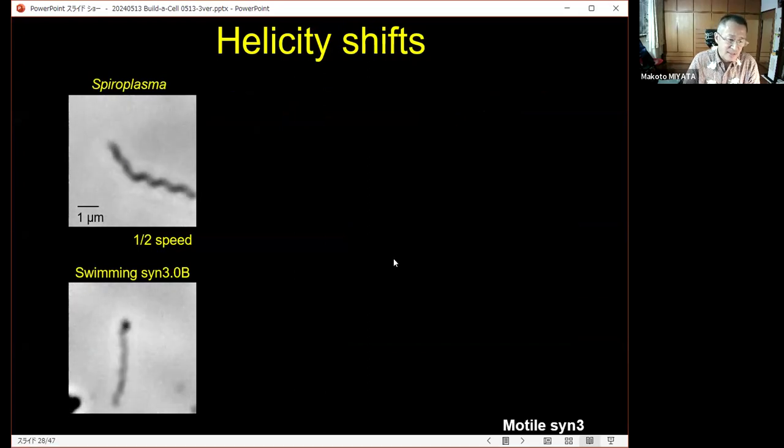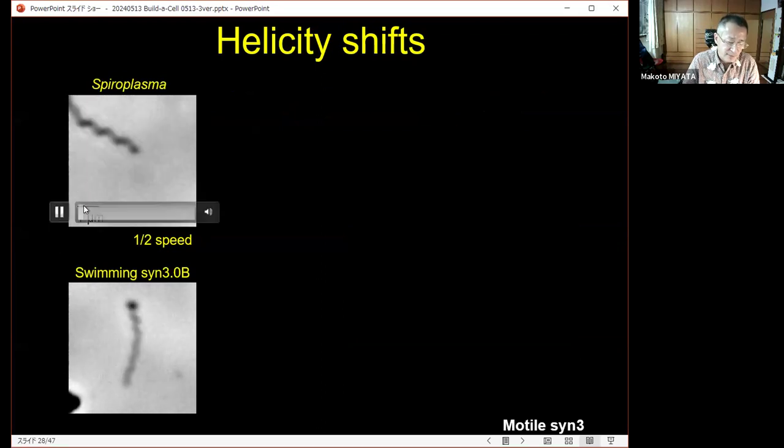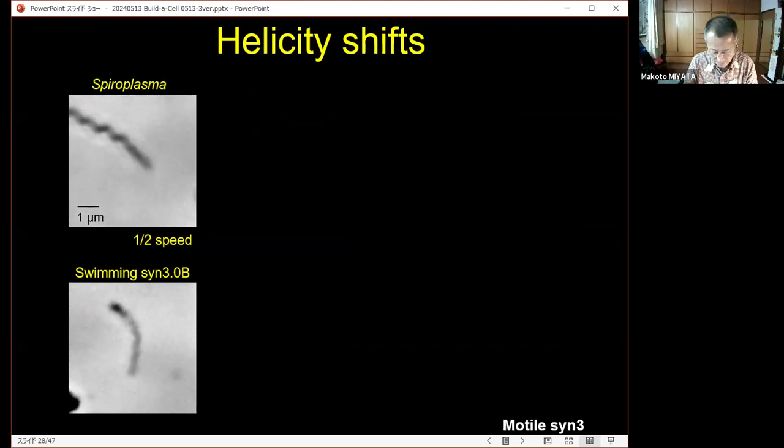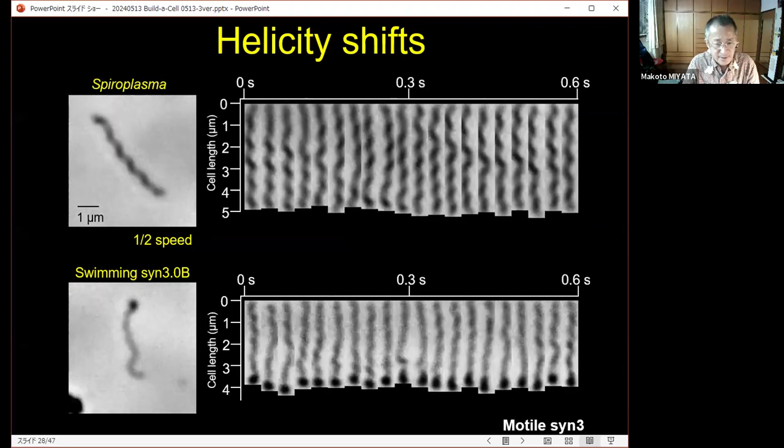These are at half the speed of the videos. We cut the frames and straightened the cell images like that, and then we traced the helicity switching.